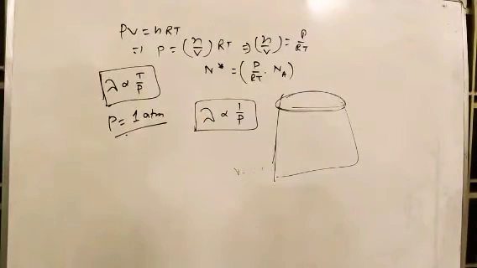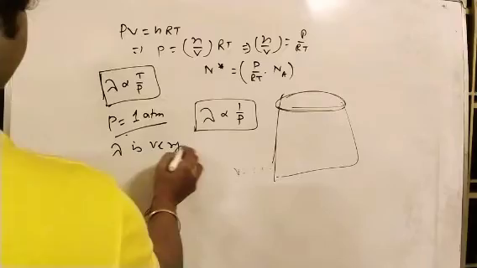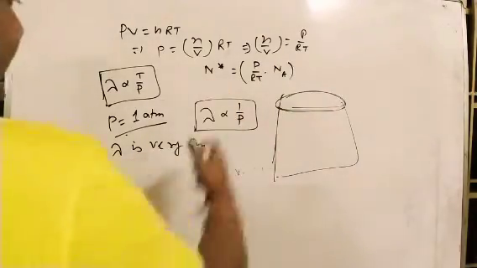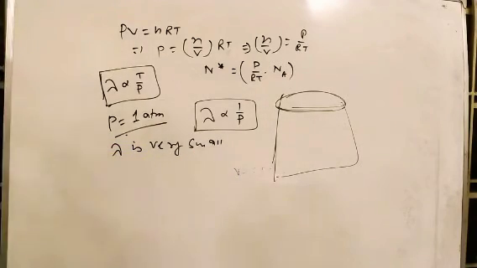Here is the important fact. Suppose you consider that the pressure is 1 atmosphere. So lambda is very small because P is high. 1 atm is quite high for this case. So lambda is very small in comparison.